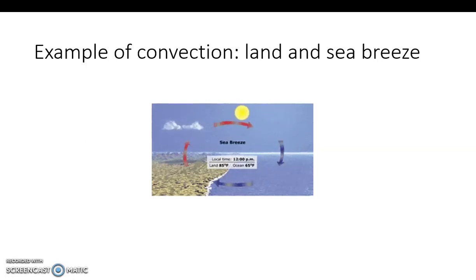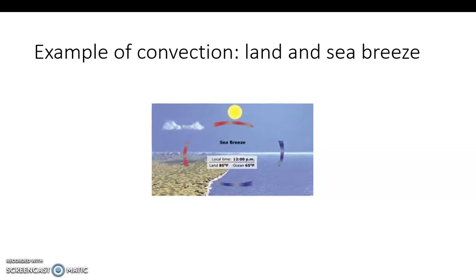The red arrows actually represent air that has been heated up by the land during the day. As this air heats up, it gets lighter and moves upward. Then cold air from the sea moves to replace the warm air that has left the land.